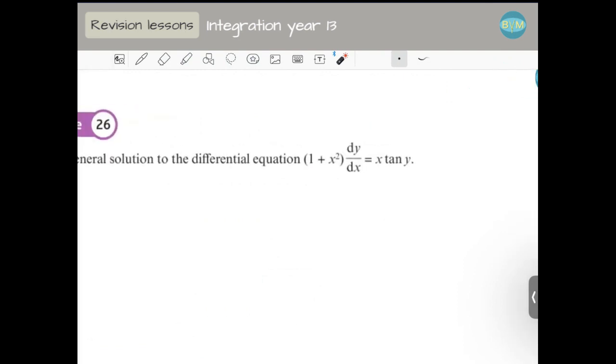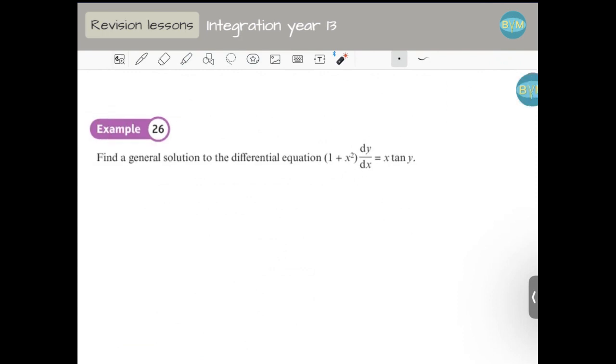What we are always going to do with these questions is separate the x on one side and the y on the other side, and integrate both of them. We need to include a constant of integration, just one, and in many questions you will be able to find that constant because these questions are usually modeling questions.